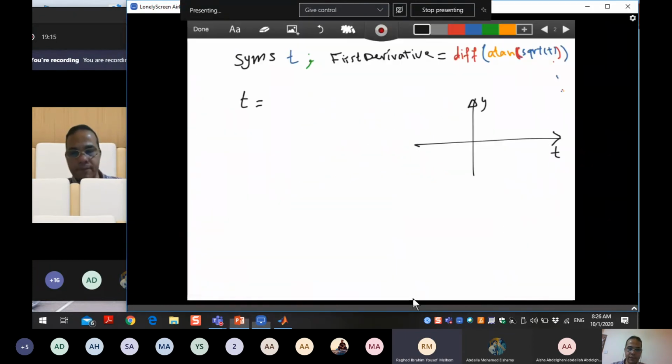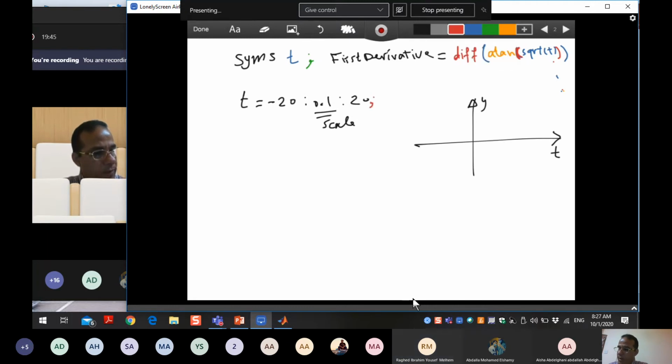So I give values for t from minus 20 to 20. If I would like a scale, I can use 0.1, or 1 or 2, it's up to you. This is the scale. Now I put a semicolon.